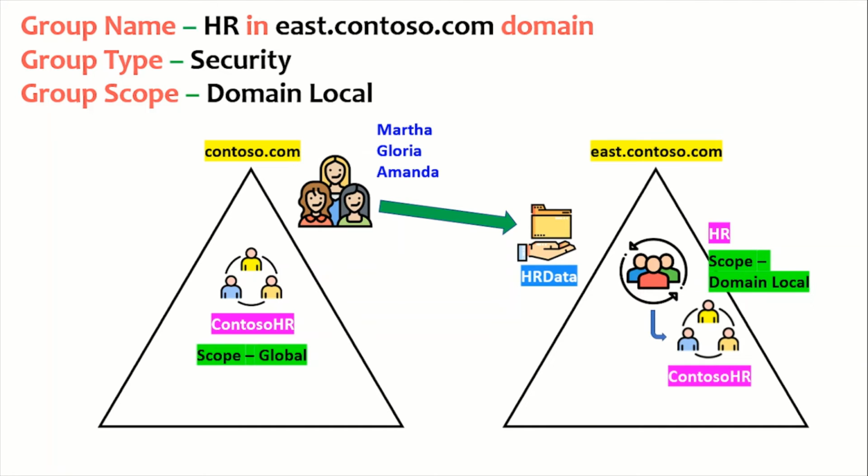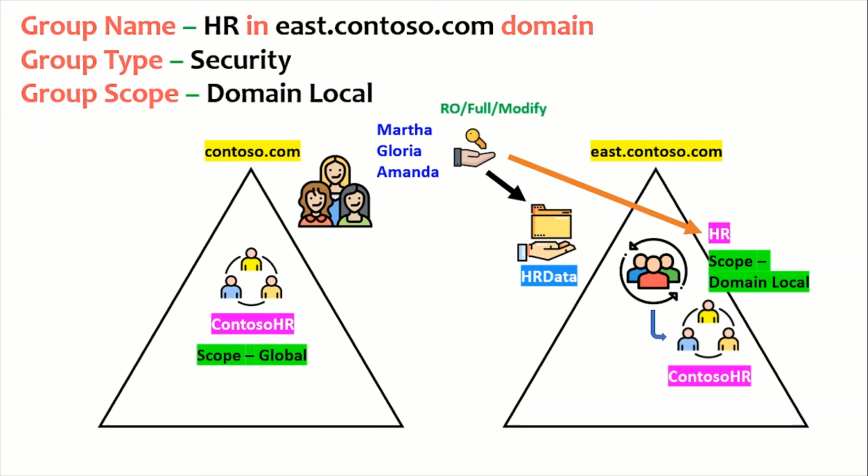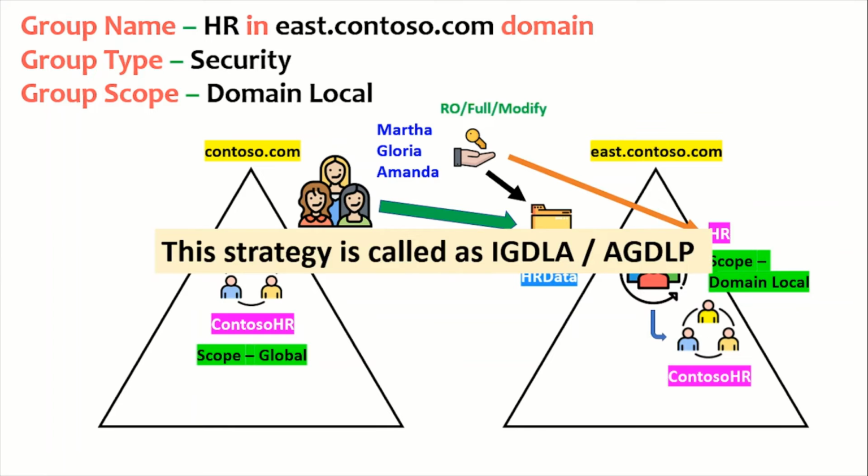So now Contoso HR is a member of the HR group, which is in east.contoso.com, and then we'll give whatever permissions on this folder HR data to the group HR, that is domain local, and then Martha, Gloria and Amanda will be able to access the HR data folder. So the same thing works in cross domain as well, or multiple domains, as in a single domain. And again, this strategy is also called IGDLA or AGDLP.